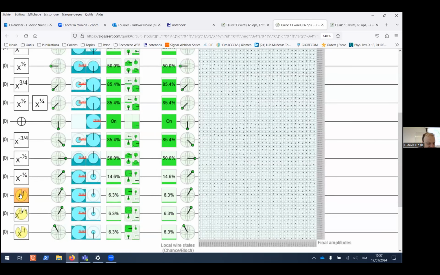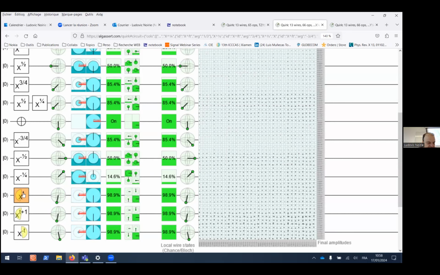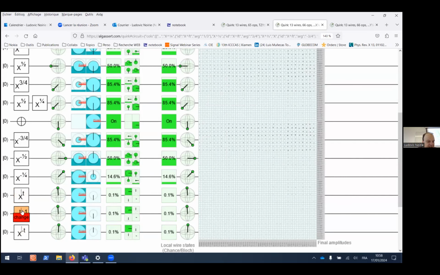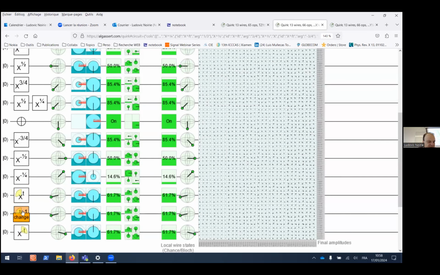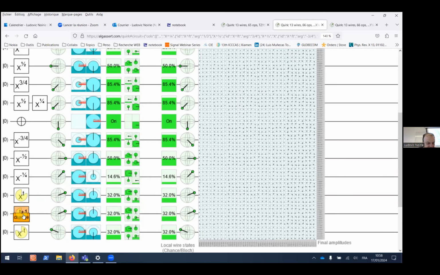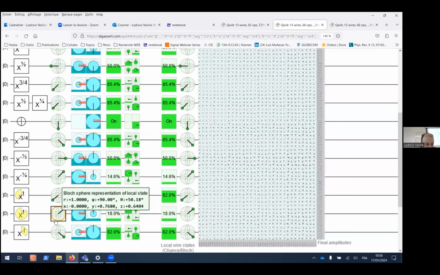Sorry, for X^t it moves from 0 to 2. So using this with the specific convention for this gate, or using X to the power t plus 1 with the convention that t is moving from -1 to 1, you get exactly the same move. If I put t here instead of t plus 1, you see that there is a difference of angle.